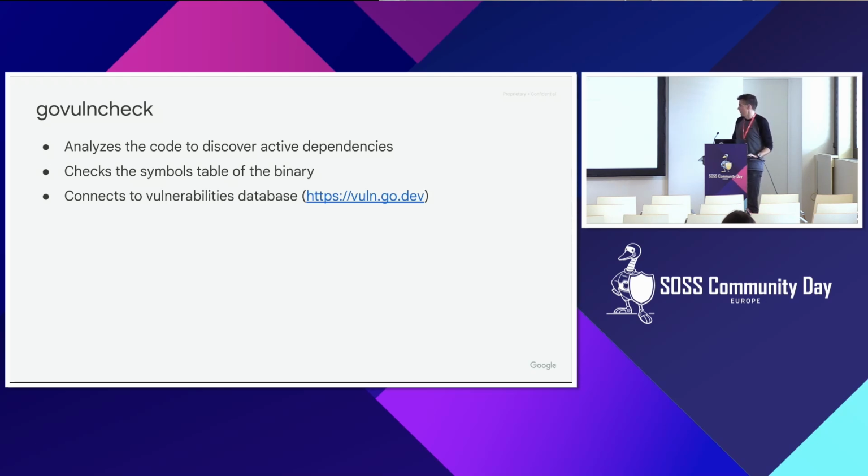There is also a vulnerability database. It connects to this vulnerability database and checks that these are vulnerable. So we can integrate this tool inside of our build system and block the build every time there is a new vulnerability.